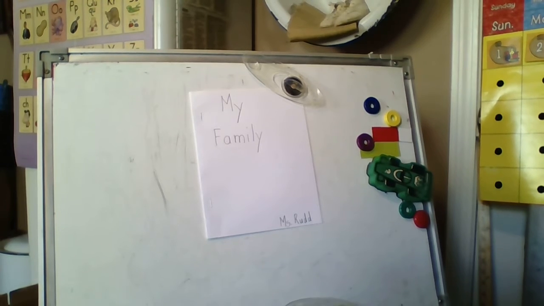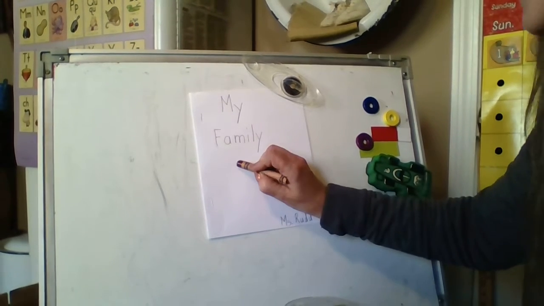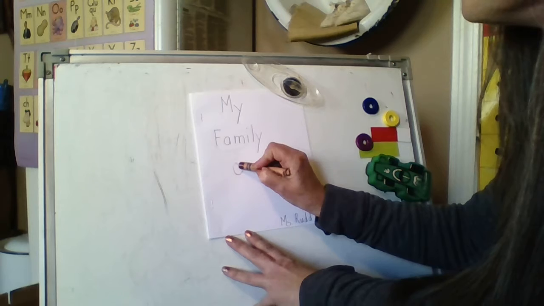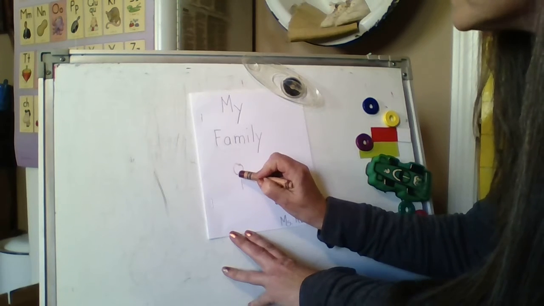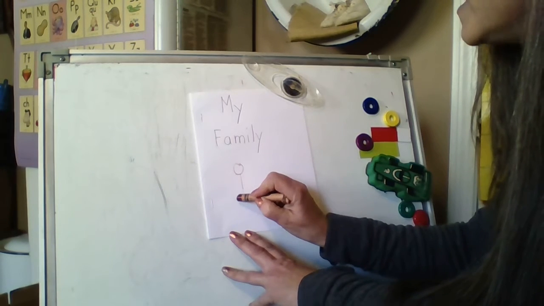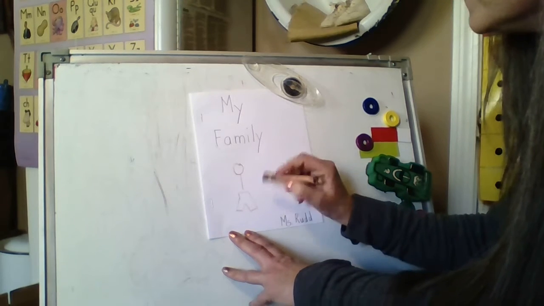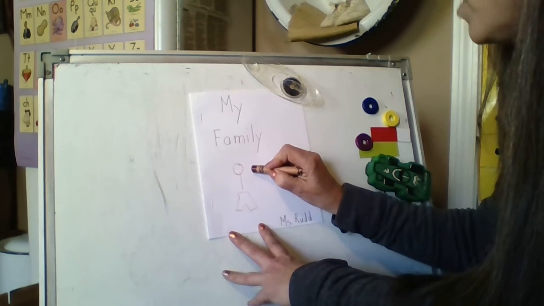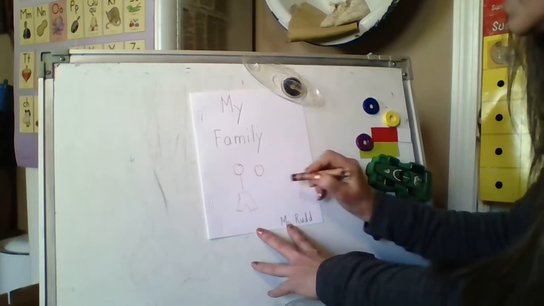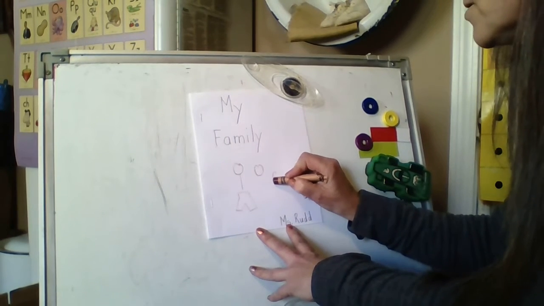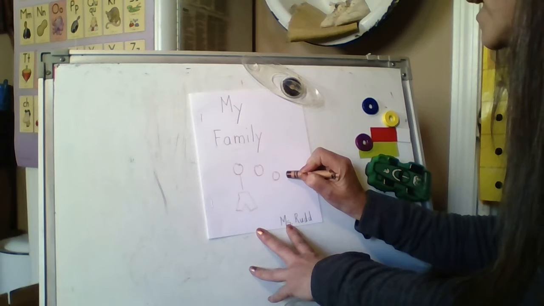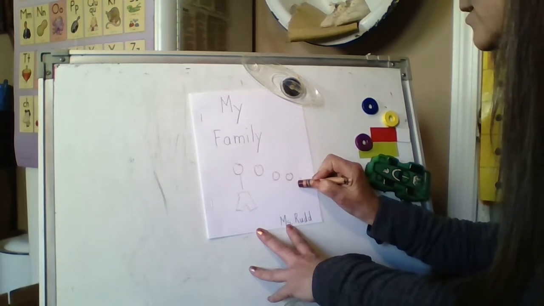When I was a little girl, my family kind of looked like this. I had, let's see, I had a dad, and I had a mom. She was littler, and then I was the big sister, and I had a little sister and a littler sister.